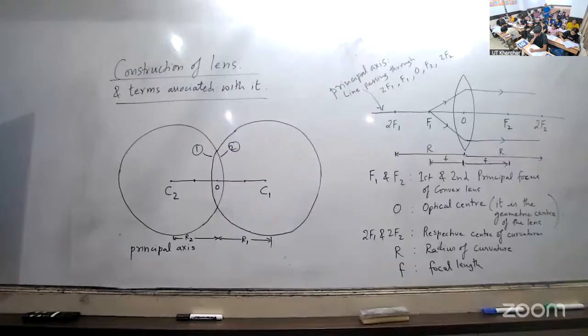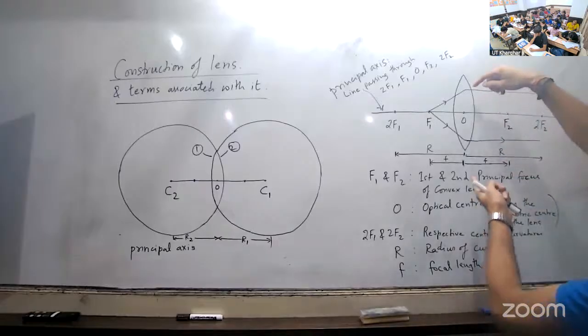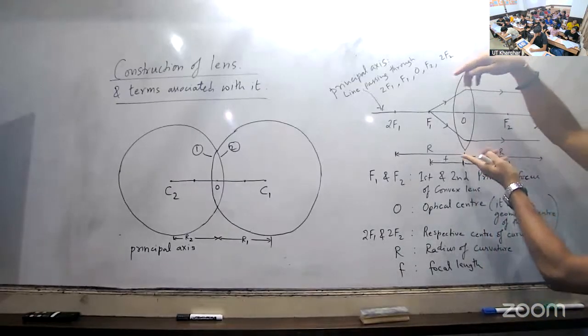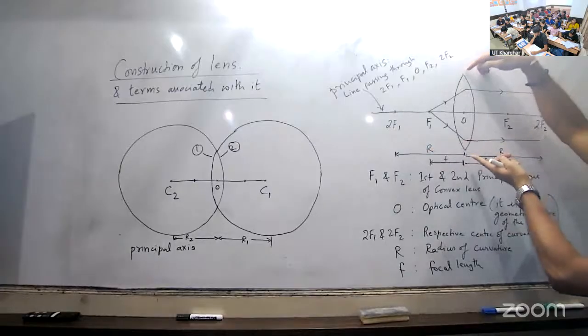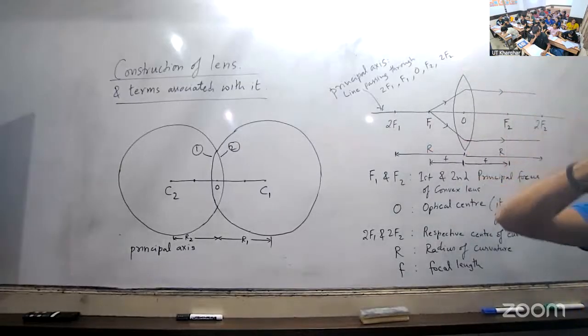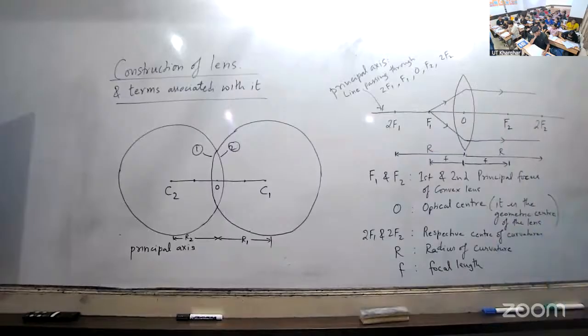Any term undefined? There is one more term, aperture, the idea of the diameter of the lens. Aperture is the maximum surface over which the incident ray will expose the lens.